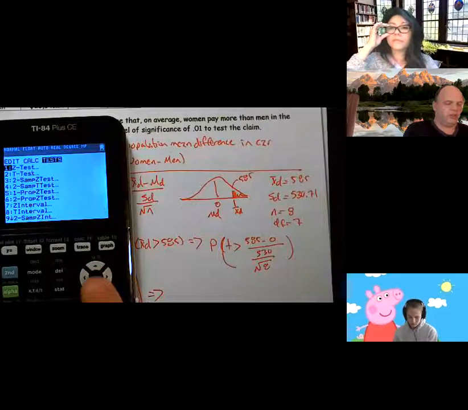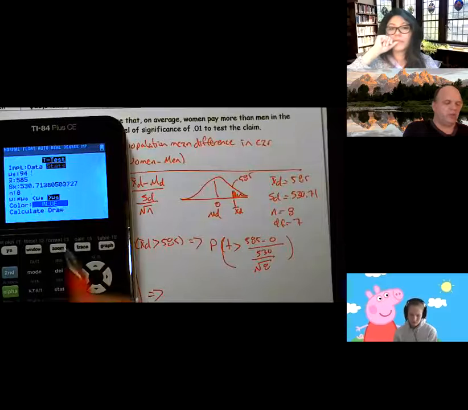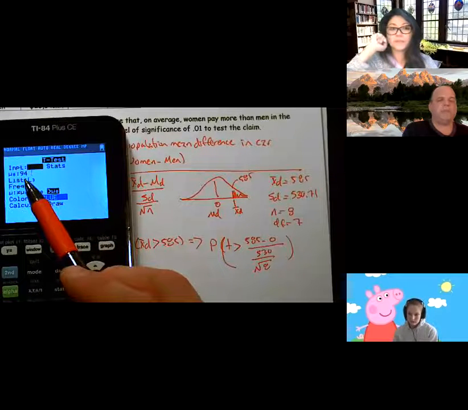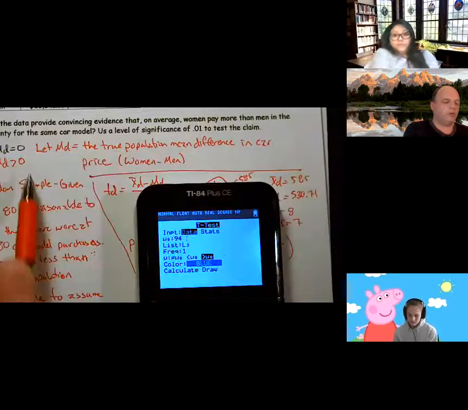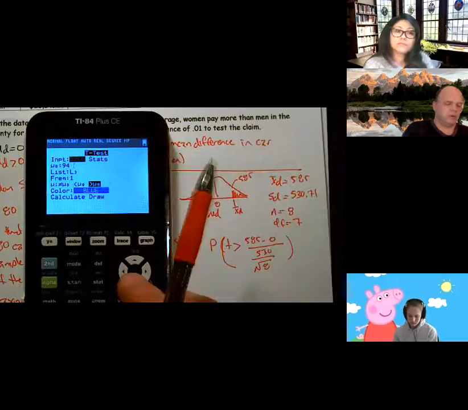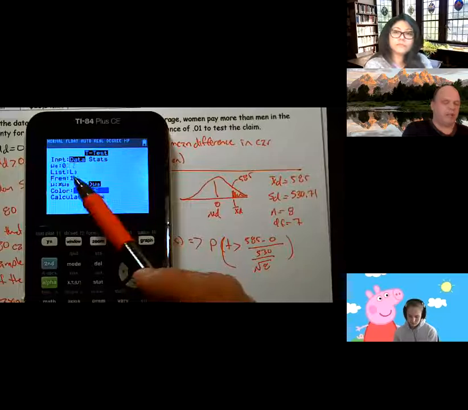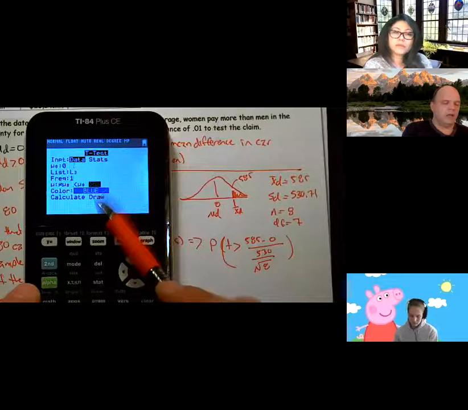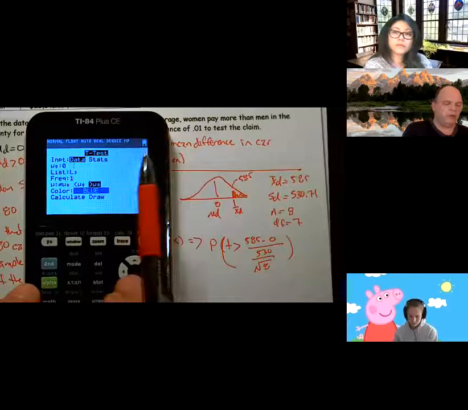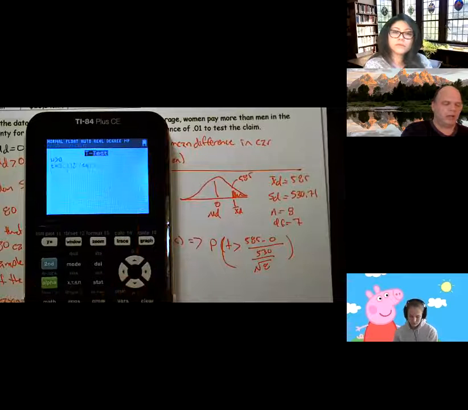Stats, test, t-test. Make sure data is highlighted. Now I need to put in my mean. My mean was what the null hypothesis was, which was 0. My list of data was in L3. This needs to be greater than 0. And I calculate.